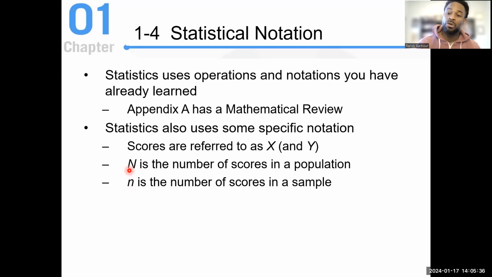Are we looking for the population or are we looking for the sample? And if they don't specify what the sample or the population is, the notation should indicate if we're talking about a population or a sample.